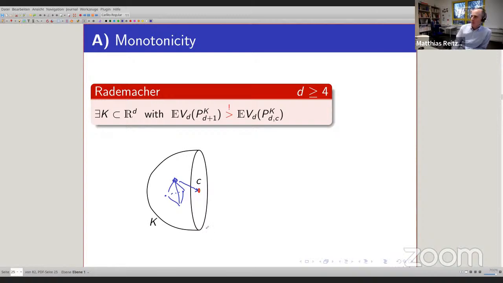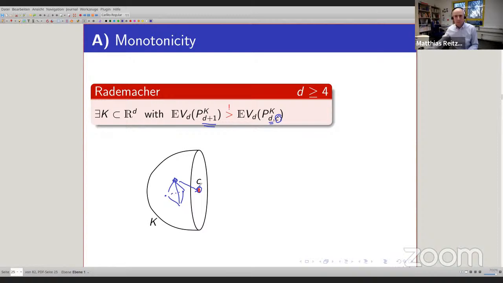This is what you compare: d+1 random points freely floating, versus d points floating and one point in the center. The conjecture would be that if I take one of these points and shift it into the center, then this should increase the random polytope. What Louis Rademacher proves is that this is wrong. In general, you decrease the volume here. That's a surprise. At least for me, it was a surprise when I saw it for the first time.